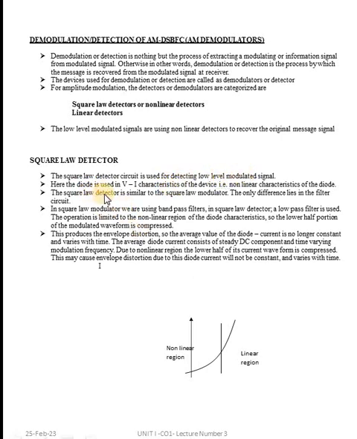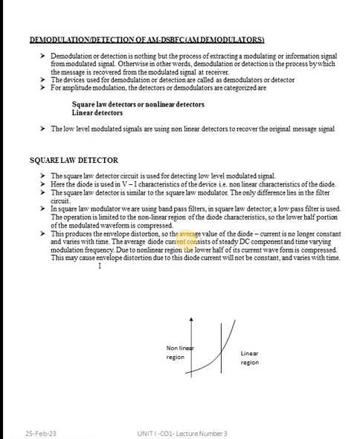Again, the diode is operated in its non-linear VI characteristics. The square law detector is similar to the square law modulator, the same operation. Whenever the diode receives the positive half cycle, it is operated in forward biased mode and we get the output accordingly.